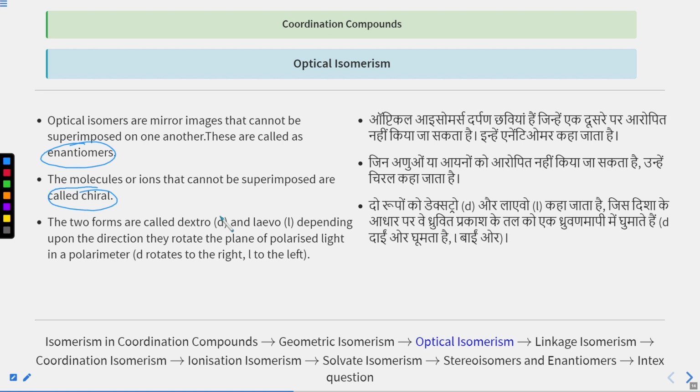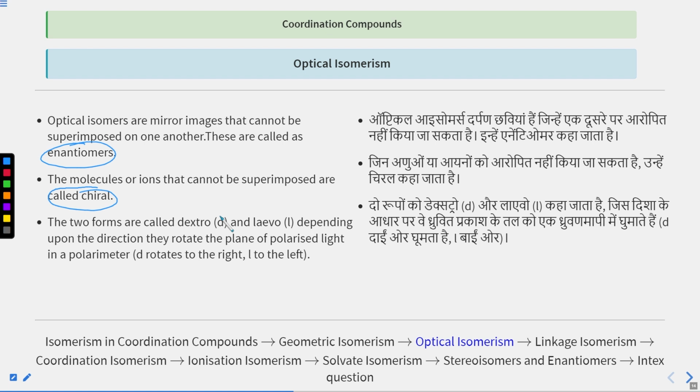In one beaker we take one of the compounds, and in the other beaker we take the mirror image compound. Make a solution of each and pass plane polarized light through both of them. Plane polarized light is light whose propagation is in only one direction, so it is called plane polarized light, PPL.